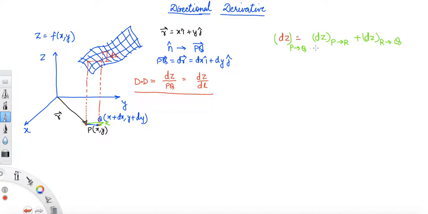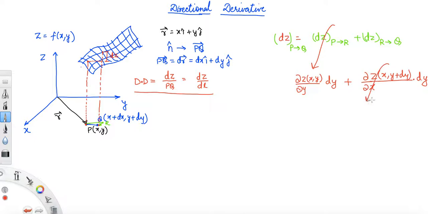And by the way, we can write this dz from p to r as del z over del y, because we are moving in y direction keeping x constant, and this is evaluated at x, y, times dy, plus dz from r to q is del z over del x, because we are moving in x direction keeping y constant, evaluated at point r, whose coordinate is x comma y plus dy, times dx.